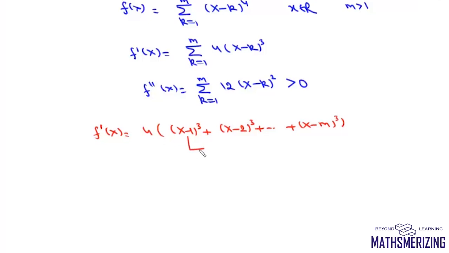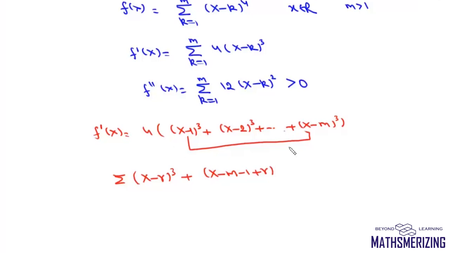Now if we take them pairwise, then we can write this as, suppose, this summation (x minus r) whole cube plus (x minus m minus 1 plus r). So if r is 1, it will be x minus 1, and here it will be x minus m. If r is 2, it will be x minus 2, and here it will be x minus m plus 1, which is the preceding factor.